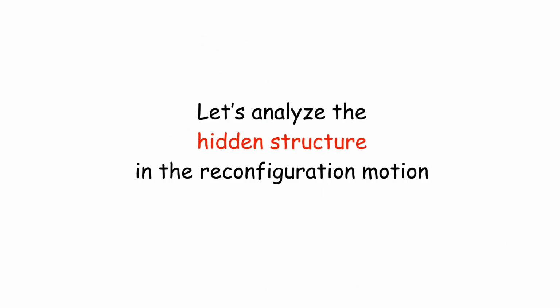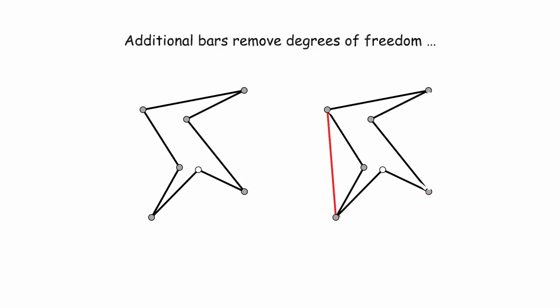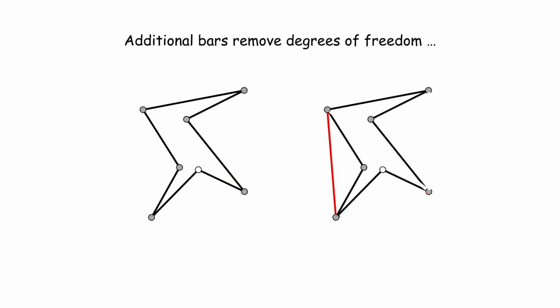So now what I want to do is to analyze the hidden structure in this reconfiguration motion. As I said, the polygon has too many degrees of freedom. But as we add bars, we restrict those degrees of freedom. Yeah, so we put people behind bars, you restrict their freedom. Sorry for making the pun, but I want you to retain that. More bars you add, less freedom you have. So if I add enough of them, I can no longer move.